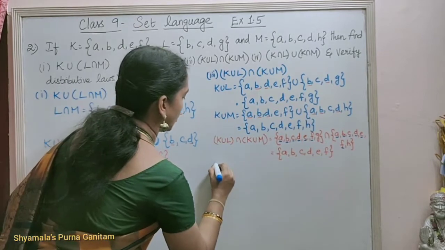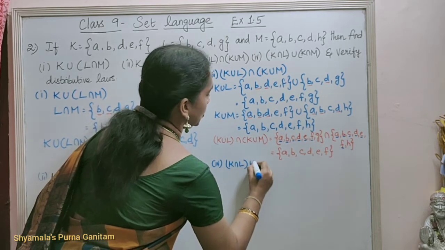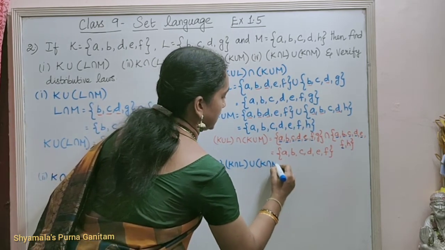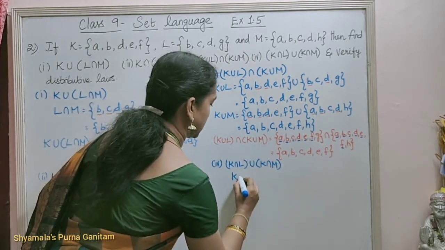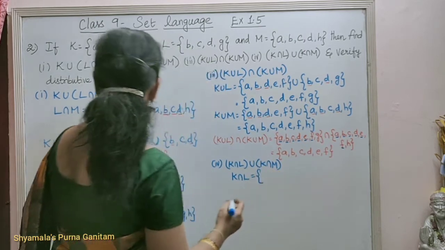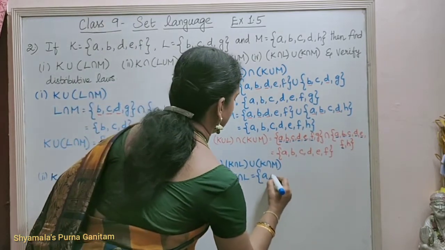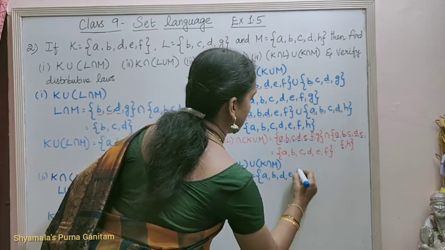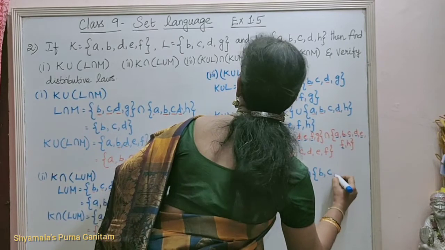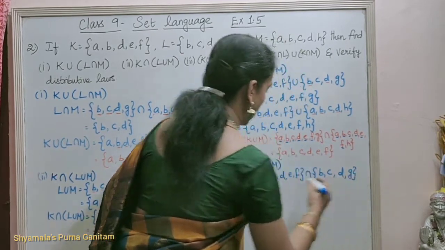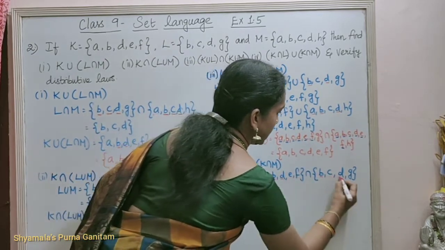Now we will do the fourth one. Fourth one is K intersection L union K intersection M. So first one is K intersection L. Elements of K are A, B, D, E, F. Intersection L. Elements of L are B, C, D and G. Now common elements between these two sets: B is common, D is common.